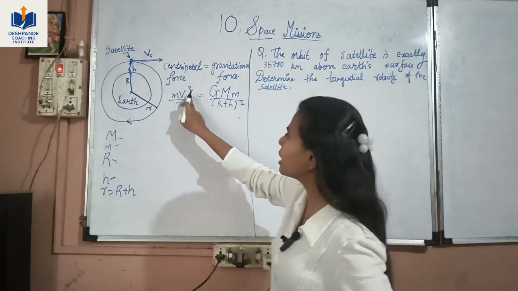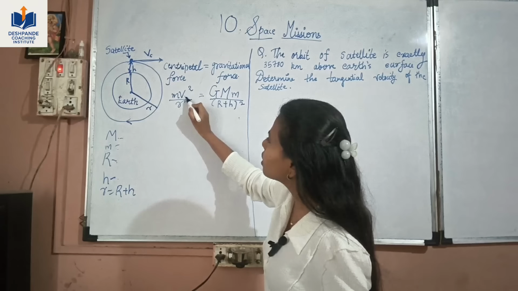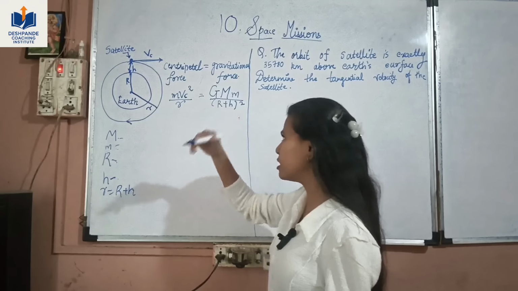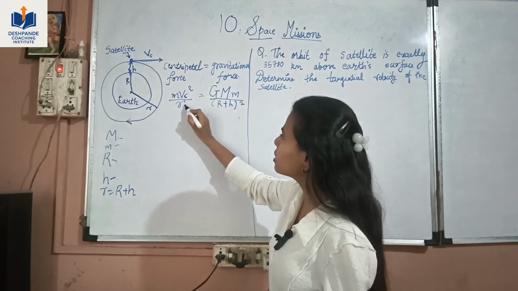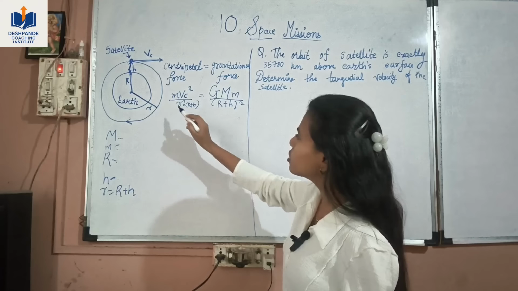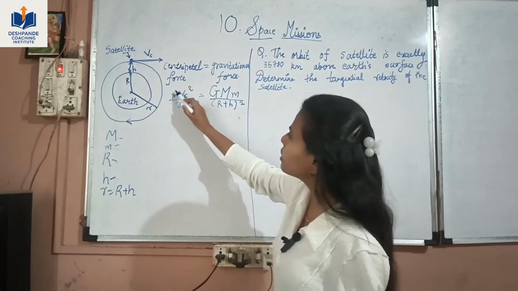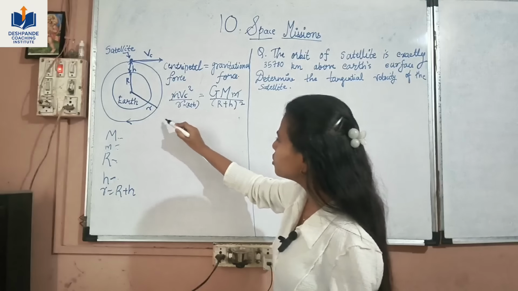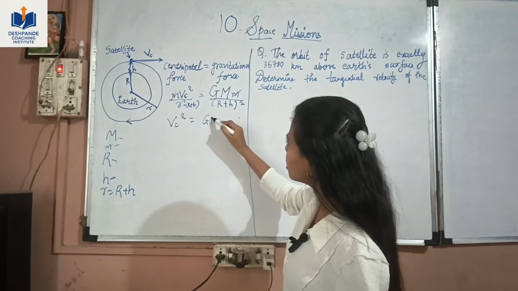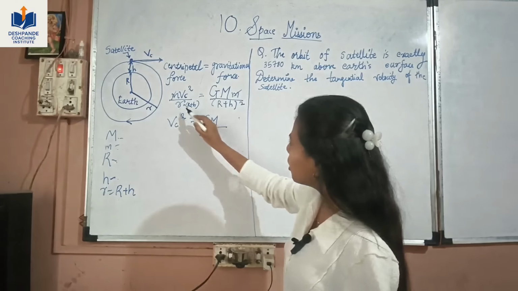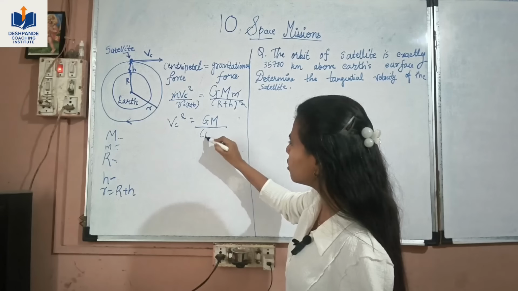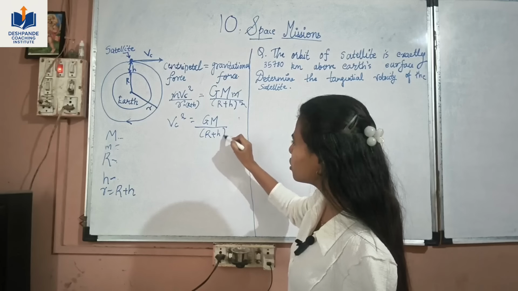So from this we can get the value of v. We'll write it Vc as a critical velocity or tangential velocity. So r is nothing but R plus h. So m will get cancelled. So we get Vc square is GM upon R plus h. (R plus h) square will get cancelled, only R plus h.